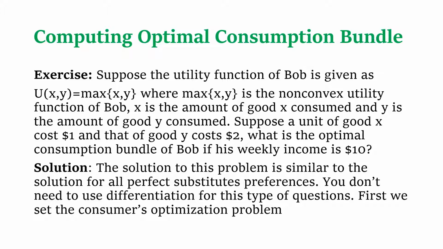So that's why we have this max here. For all these utilities, I don't know whether you have come across this one, but these functions are concave to the origin. They are not convex like the original indifference curve. They are concave to the origin. In other words, they are non-convex to the origin.